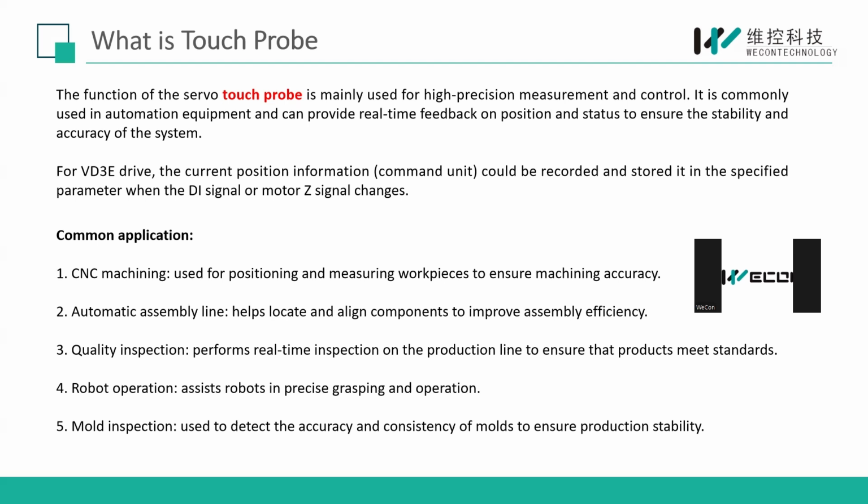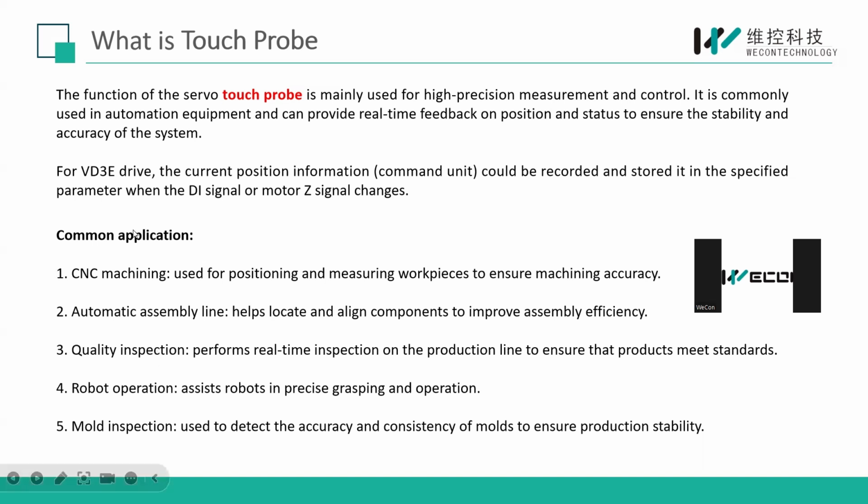And here for our driver, we can use DI signal to trigger the position recording, or we can use motor Z signal to record the position. And for this configuration, we need object dictionary. I will show you that object dictionary later.